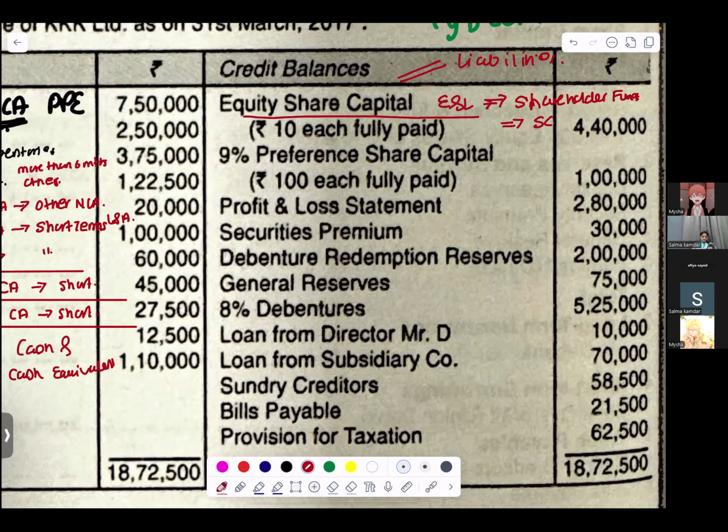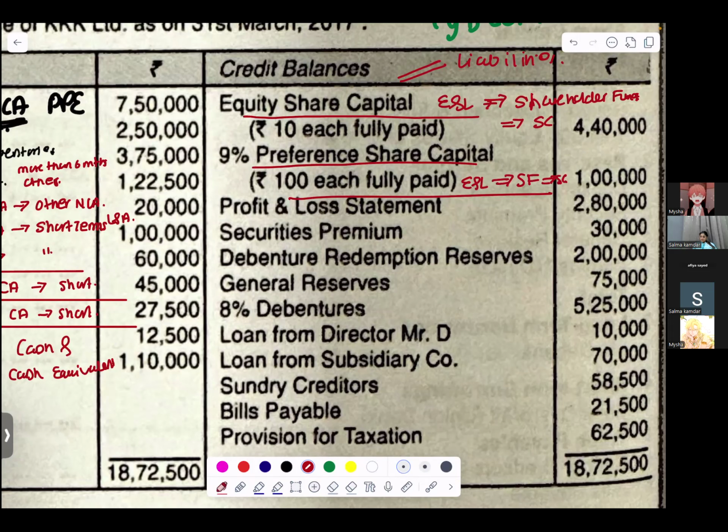Okay, 9% preference shares. Shareholders funds, share capital. Maisha, even you answer. Oh, okay. Only she is answering. Sorry. 9% preference share capital again, equity and liability, shareholders funds, share capital.